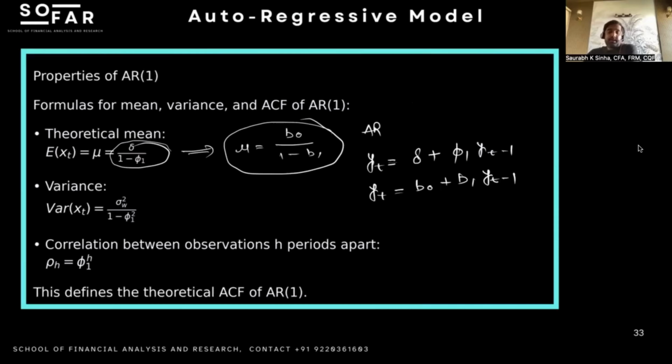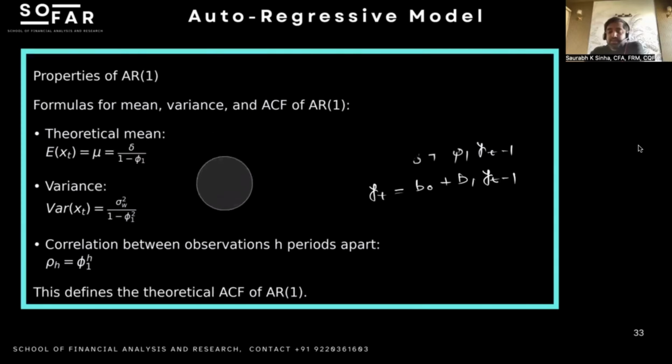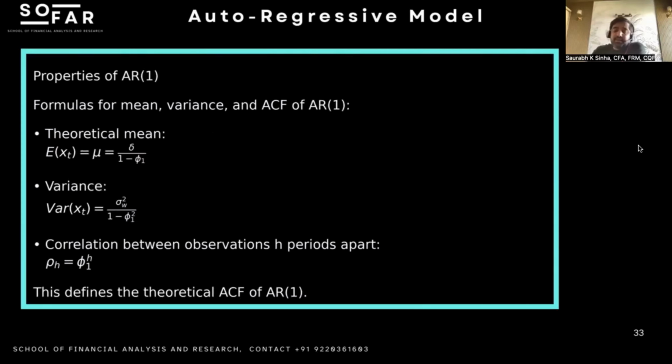Okay. So if it is mean reverting, it is quite intuitive to ask: what is the long-term mean? The long-term mean formula is beta naught upon 1 minus b1, or delta upon 1 minus phi 1, if the equation is y equal to beta naught plus b1 times y t minus 1. Now here I shouldn't introduce something, but I will introduce a very important concept.